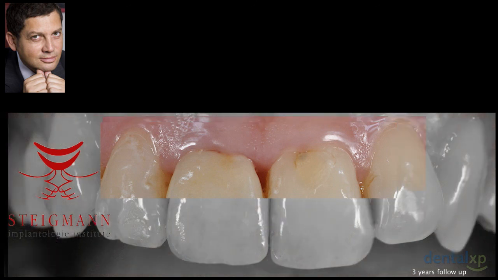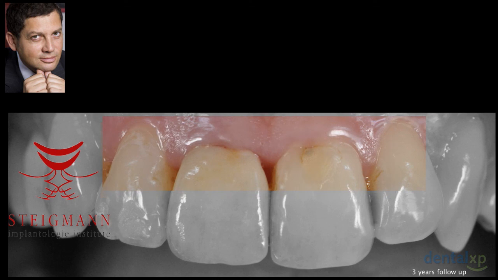As a conclusion, we have to adjust the emergence profile according to the implant positioning. In the interproximal space, when we are talking about the pressure we will have at the level of the papillae, it's almost constant.